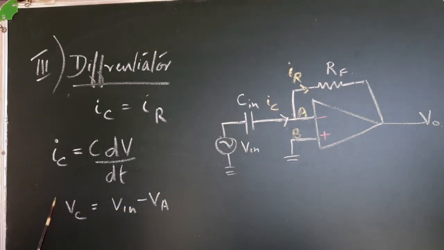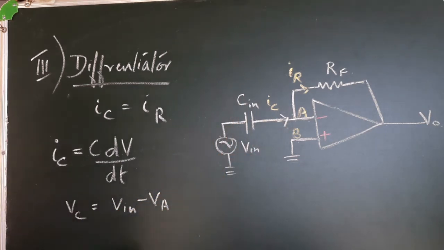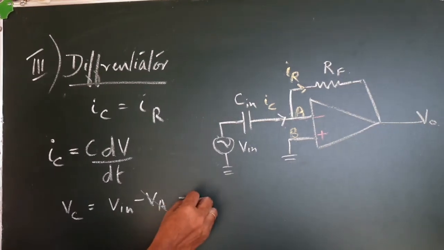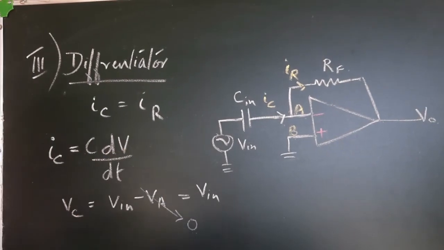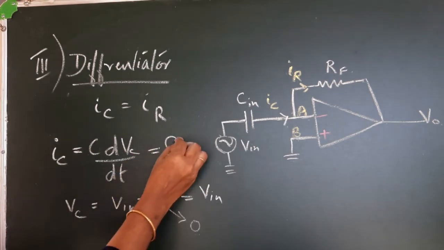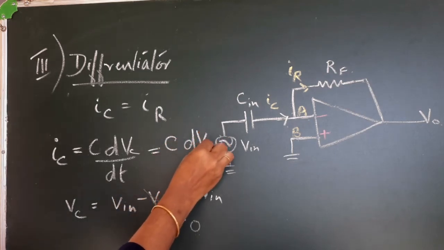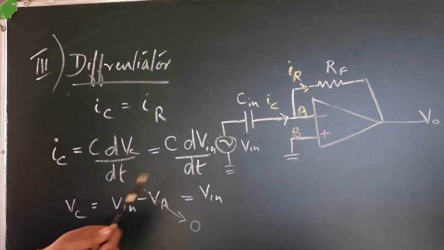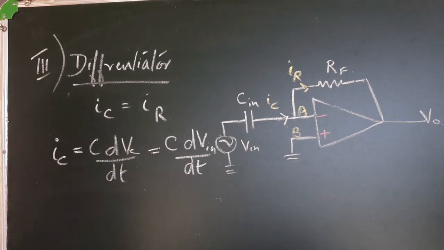VC, voltage across capacitor, equals V in minus VA. But you know that VA is 0 because of virtual ground. So VC is nothing but V in. So this VC we will replace, and C dV in by dt.